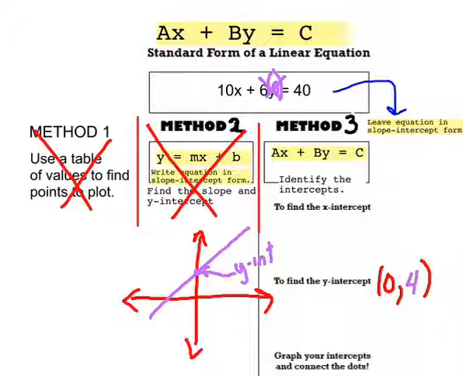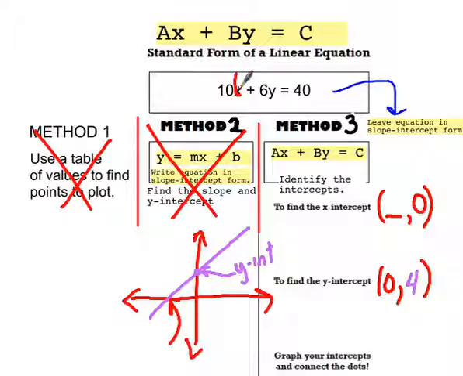Now we're going to find the x-intercept. The x-intercept is where it crosses the x-axis. We're looking for that x value. And at this point, y is 0. So we are looking for the x-intercept, and it's when y is 0. So what we do is put 0 in for y. So we take turns, sorry.